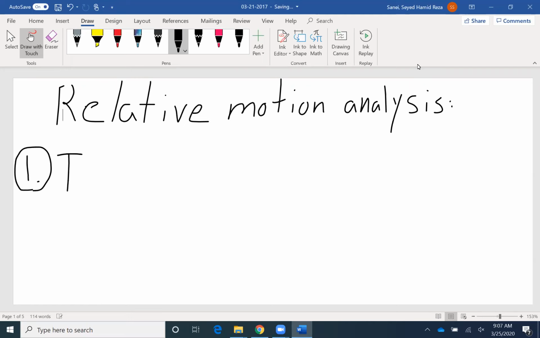The first one was translation, when all parts of the object have the same displacement.